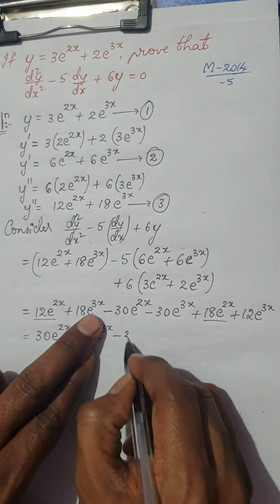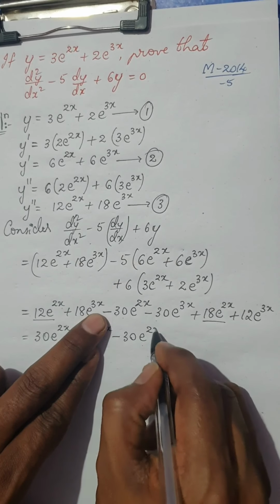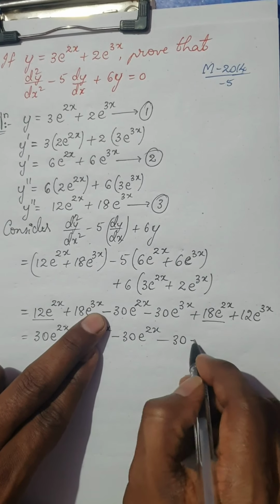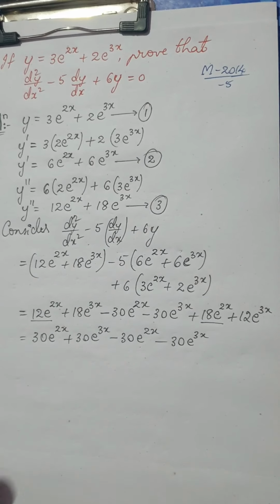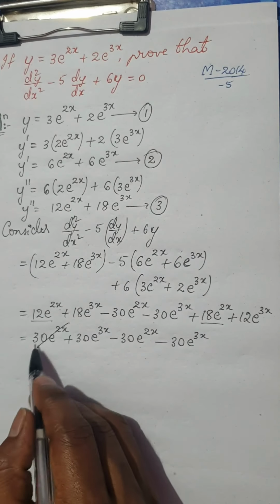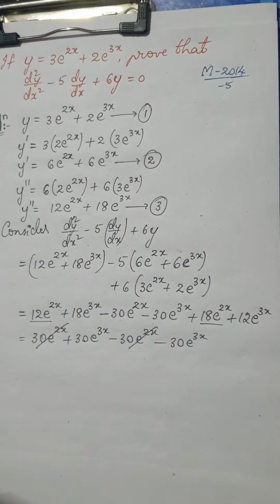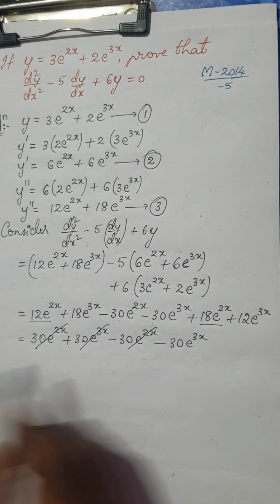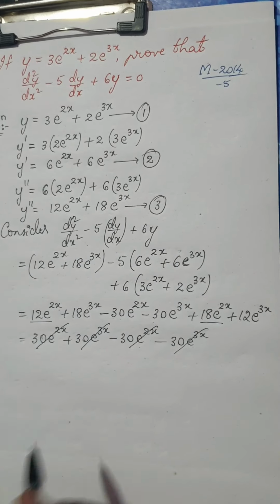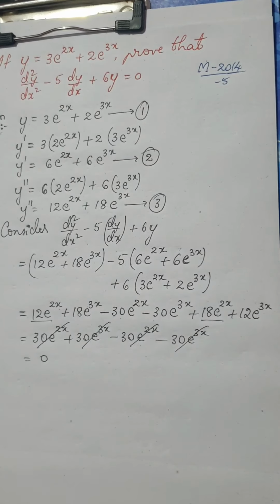Okay. So, I have just added the positive terms with similar terms. Now, minus 30 into e power 2x minus 30 into e power 3x. You can see here 30 e power 2x with plus and minus terms will get cancelled. 30 e power 3x with plus and 30 e power 3x with minus. So, this is nothing but 0.